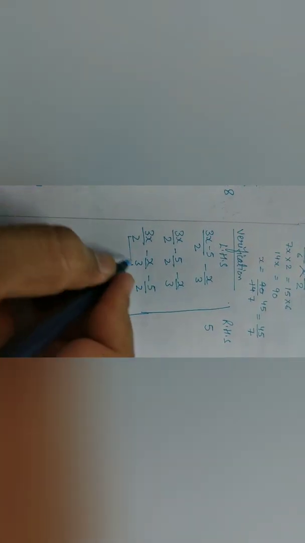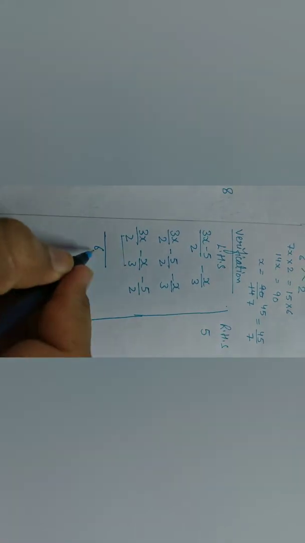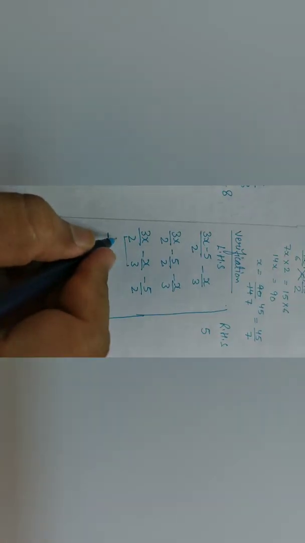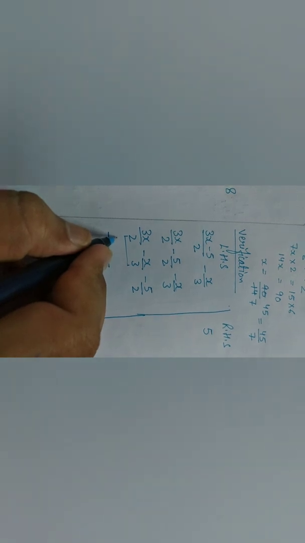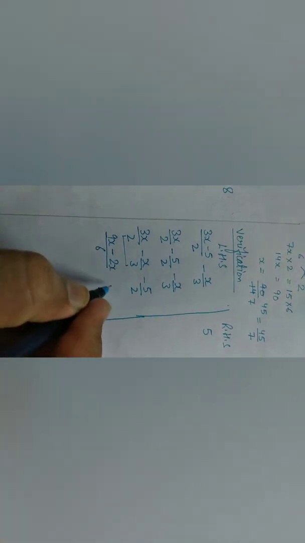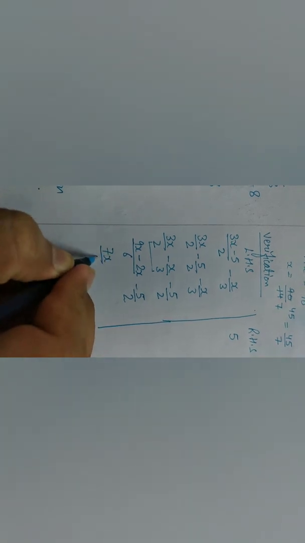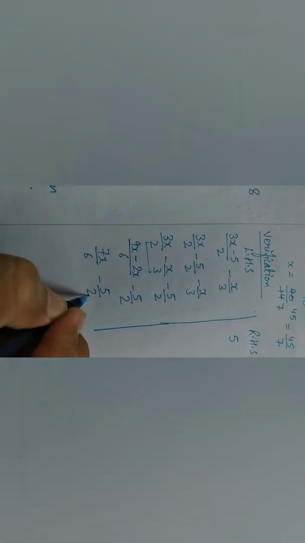Right? So take the LCM of 2 and 3. 2 3s are 6. In the table of 2, when does 6 come? 3 times. So 3x multiplied by 3 is 9x. Minus, in the table of 3, when does 6 come? 2 times. So 2 multiplied by x is 2x. Minus 5 upon 2. 7x upon 6 minus 5 upon 2.